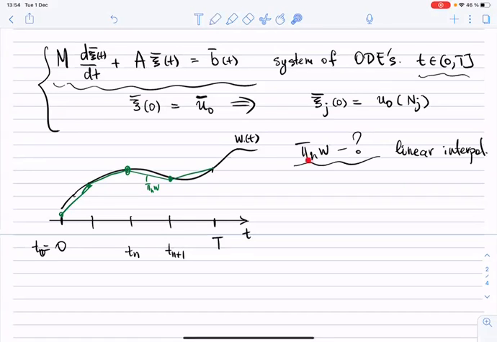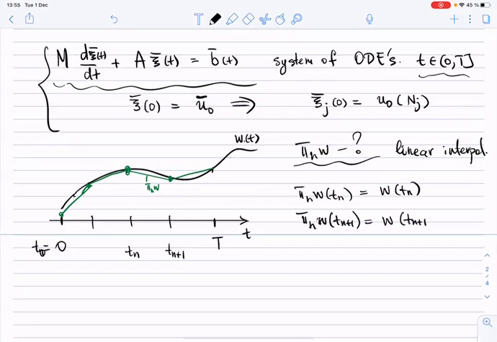So linear interpolant would be one of the easiest, but if you want to make it high accuracy, then you can just go to higher polynomial spaces like quadratic, cubic, etc. So if you recall the definition of interpolant, the function pi_h w is the interpolant of this w on this interval [t_n, t_{n+1}] if the value of the interpolant at t_n is equal to the value of the function at t_n, and also the value of the interpolant at t_{n+1} is equal to the value of the function at t_{n+1}.